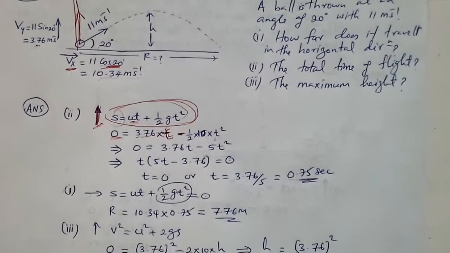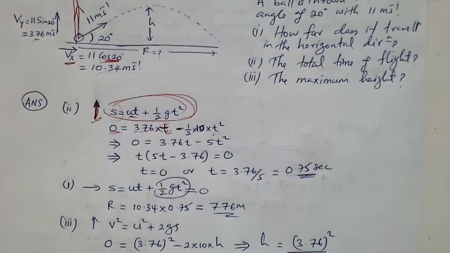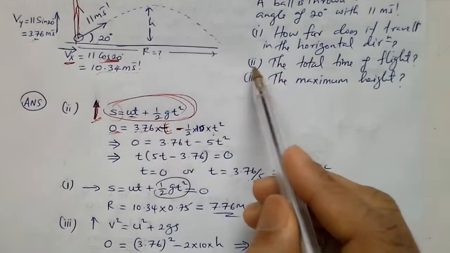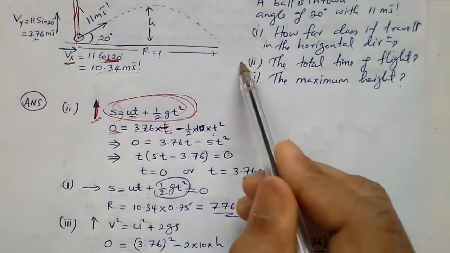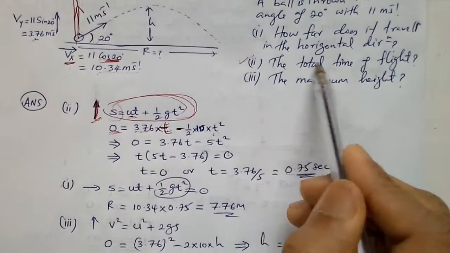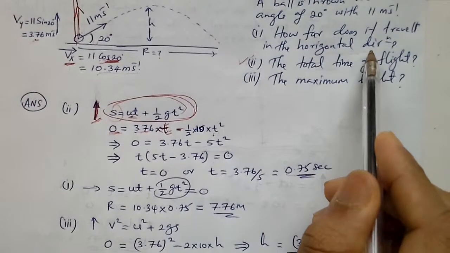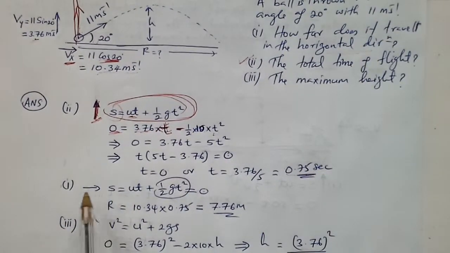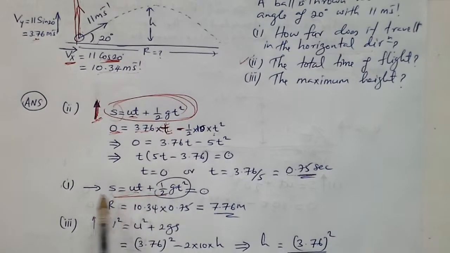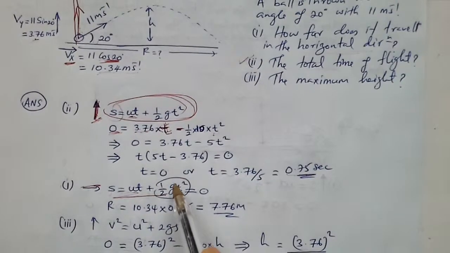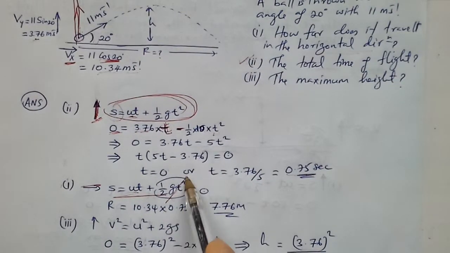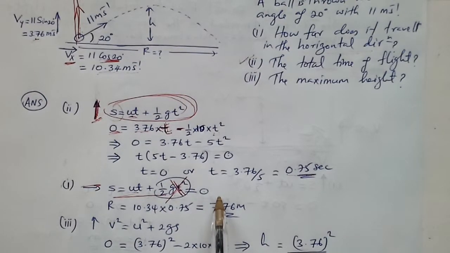So how do you do the first part, since we did the total time taken first? How far does it travel in the horizontal direction? I'm going to use s equals ut plus half at squared in the horizontal direction. Remember, we agreed this part should be 0, because there is no horizontal acceleration.